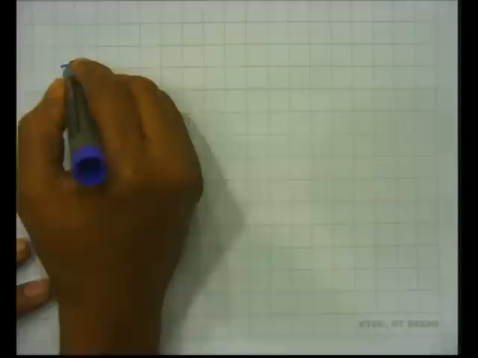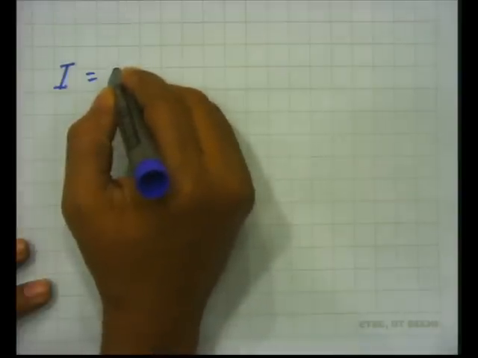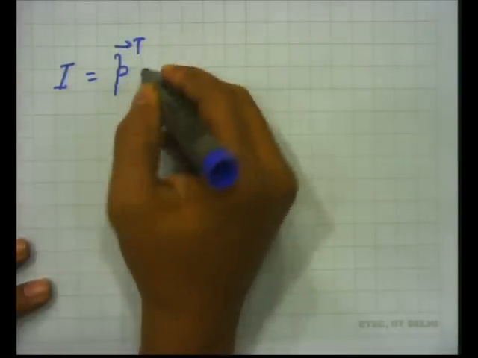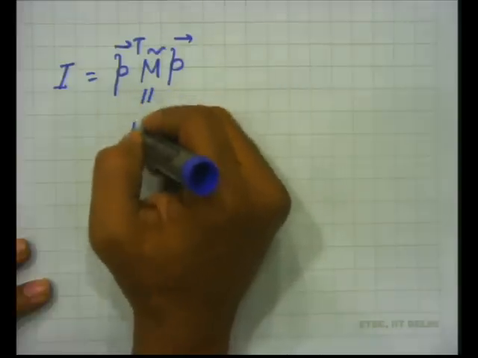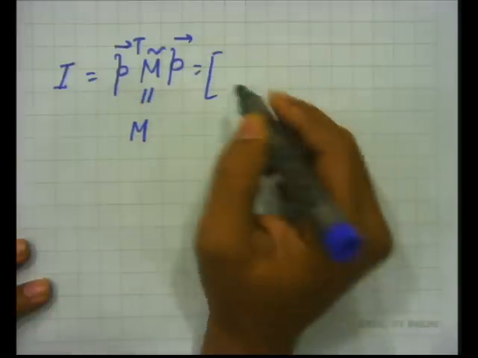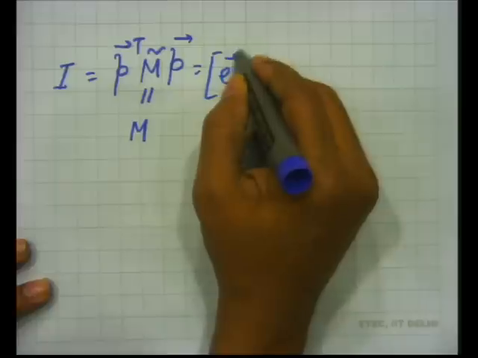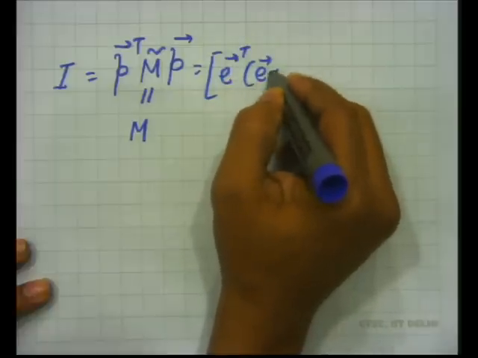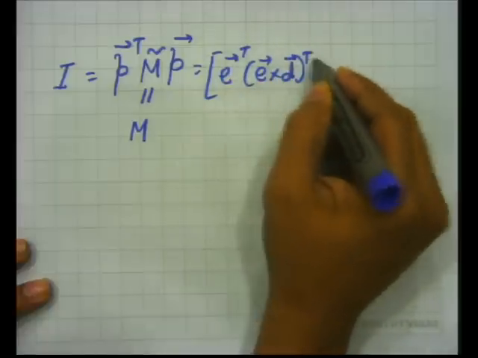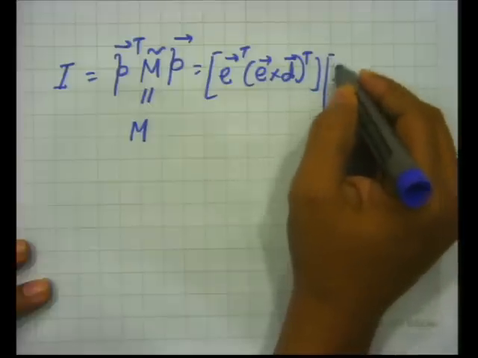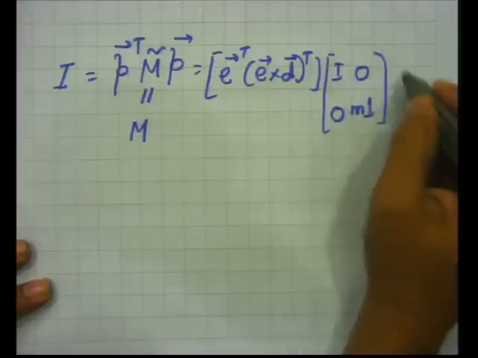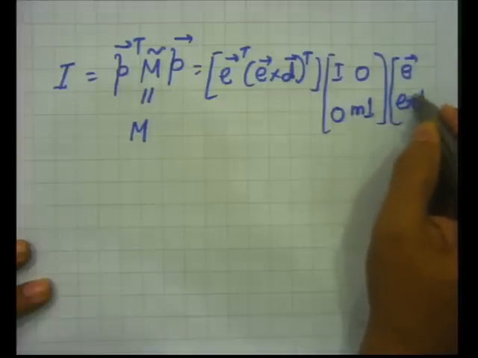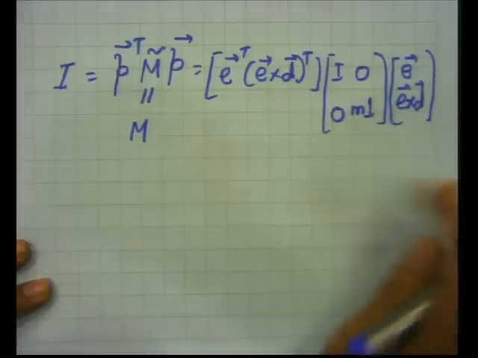So, this scalar component I is equal to P transpose m P, which as I told you is nothing but m. So, what is P transpose? P transpose will be E transpose, E cross D transpose, and m has I, 0, 0, m into 1, then E cross D. Okay.